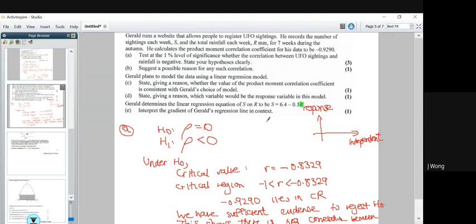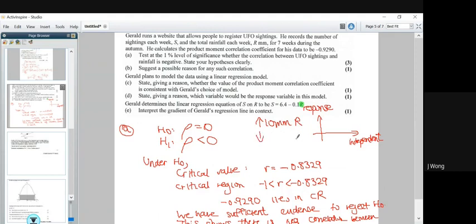Question E: he determines the linear regression equation as S equals 6.4 take away 0.1 R. Interpret the gradient in context. It's a standard phrase that we always use.